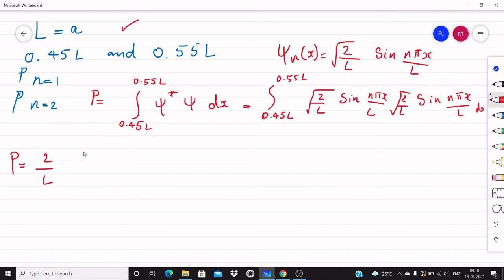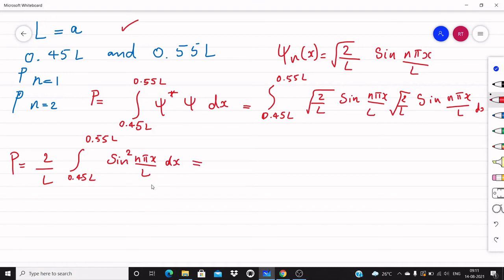So integral from 0.45 L to 0.55 L, sine square n pi x by L dx.